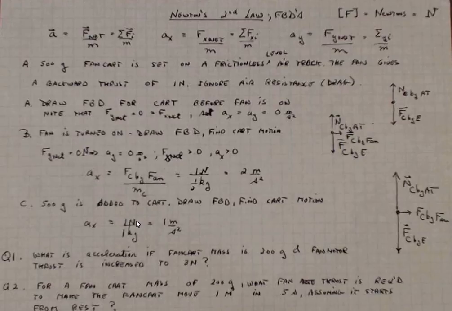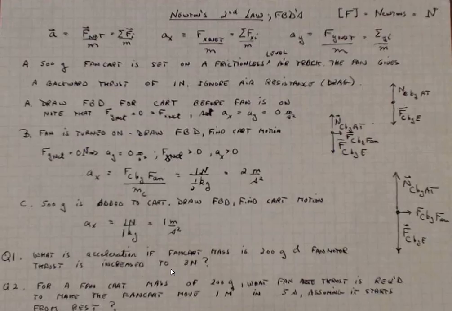Then the acceleration from Newton's second law is going to be 1 Newton divided by 1 kilogram, which is 1 meter per second per second. So keeping the force the same and doubling the mass has halved the acceleration, as you can see by comparing these two numbers.